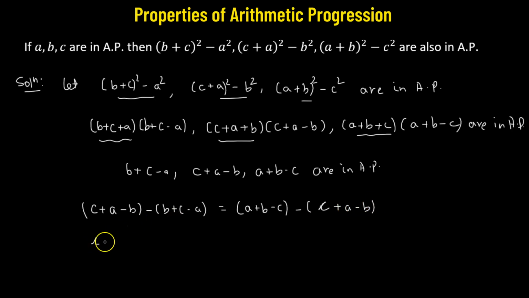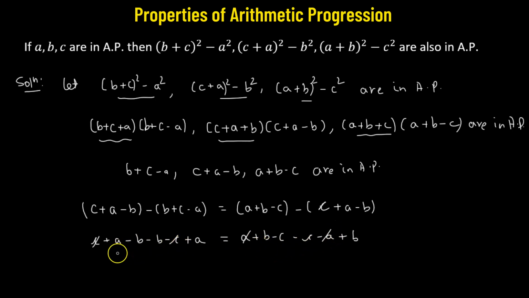Now let us further simplify. So we have (c plus a minus b) minus (b plus c minus a), which will equal (a plus b minus c) minus (c plus a minus b). Now we can cancel out a few terms. Here positive c and negative c cancel out. Then on the right hand side we have positive a and negative a cancelling out.